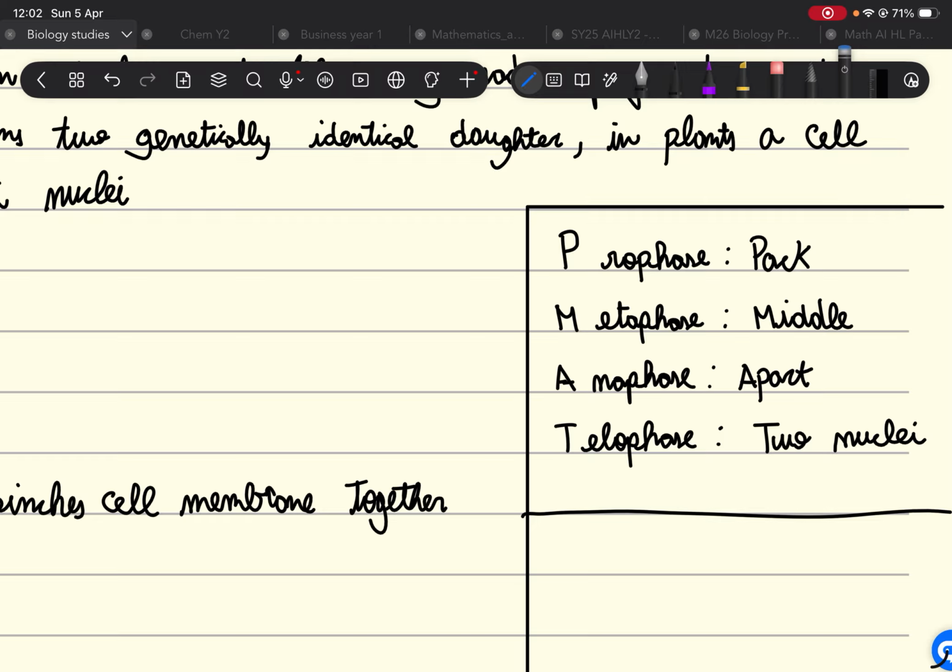In the metaphase, the genetic material aligns in the middle, and then we're gonna get the spindle fibers, which are gonna pull them apart in anaphase, and in telophase we're gonna have two nuclei reforming, and we're gonna lead to cytokinesis, which is splitting the cell membrane into two identical cells.